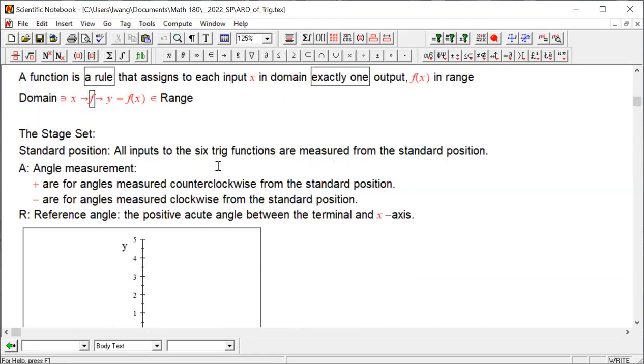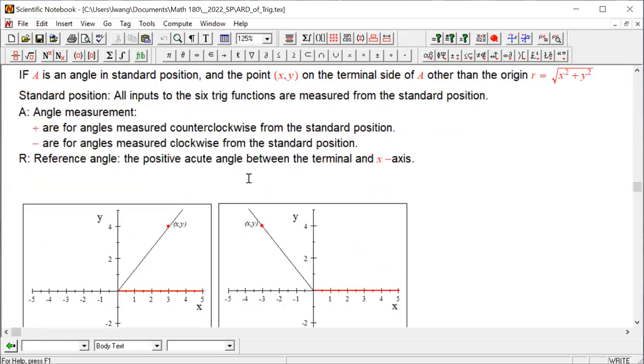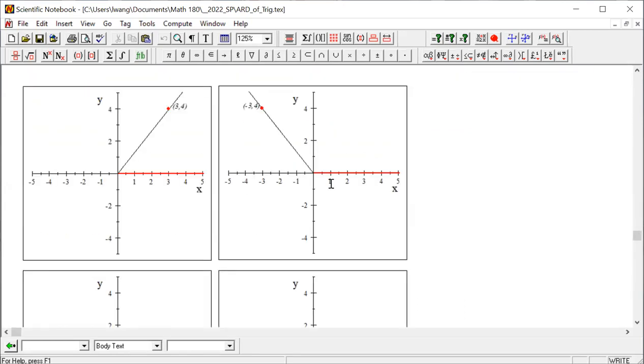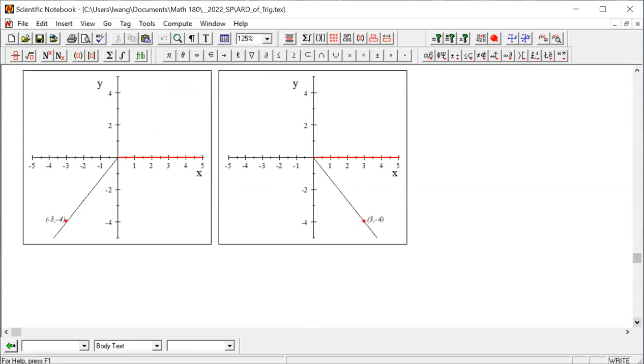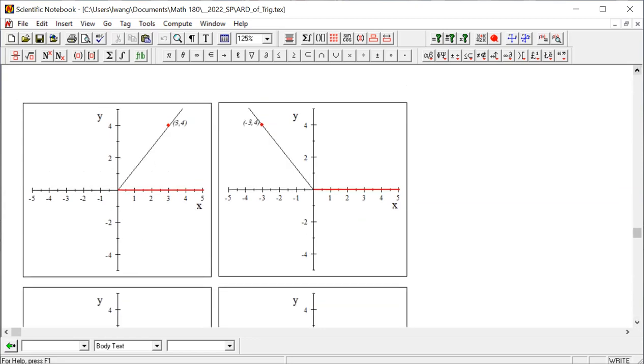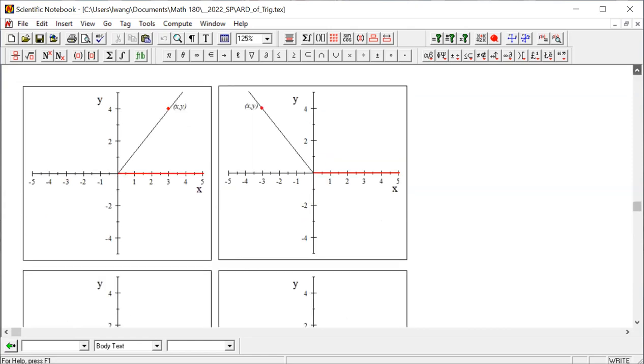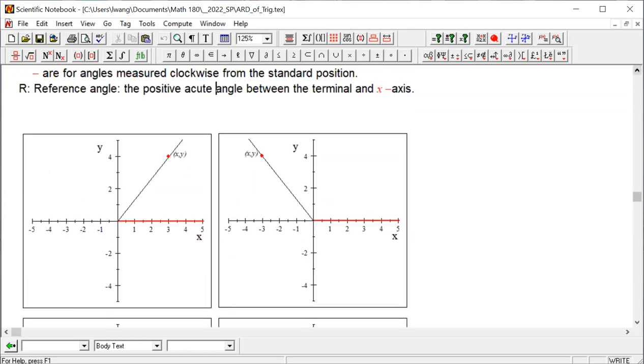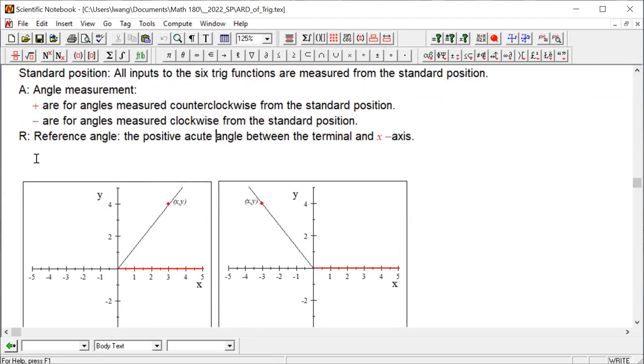We'll use the definition for sine. In this example, our terminal is in the first quadrant.